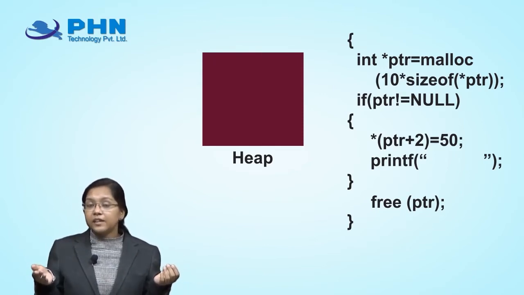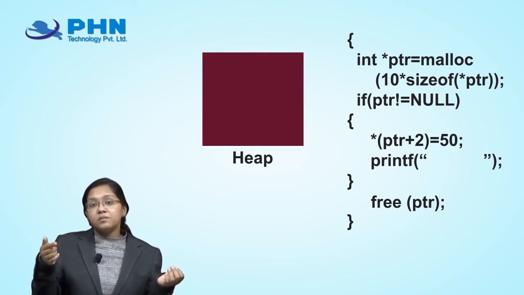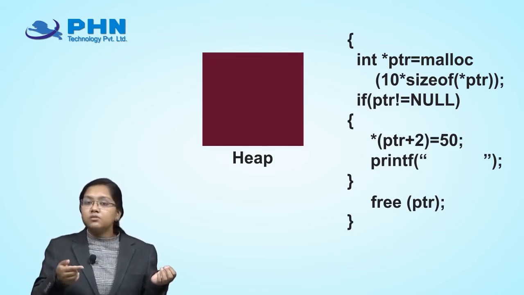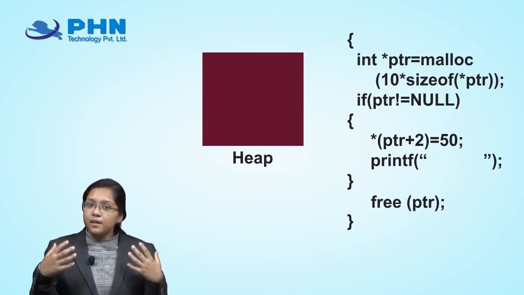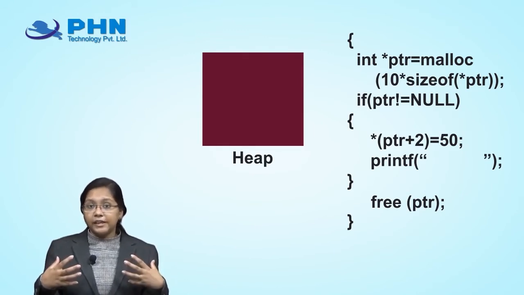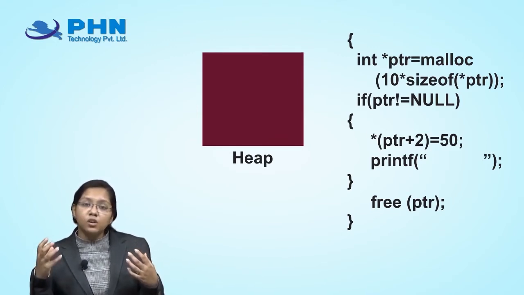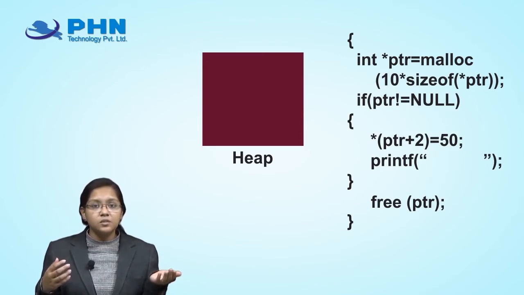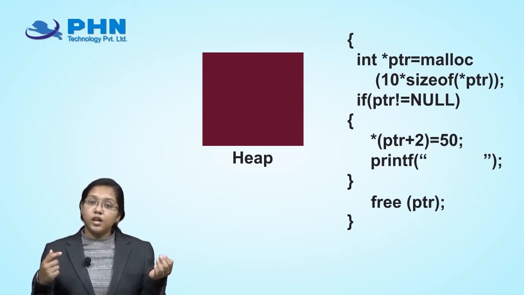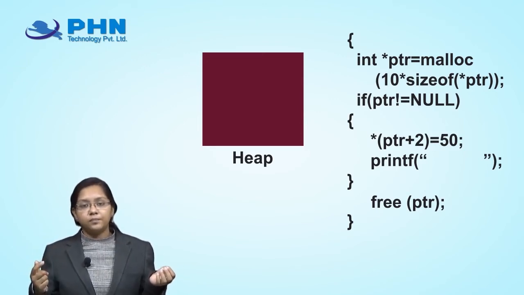You can see there free(ptr), because in ptr only the malloc address is getting stored, so through that particular location I am freeing the space. Therefore free(ptr) over there. This is how the free function in dynamic allocation works with your heap memory.